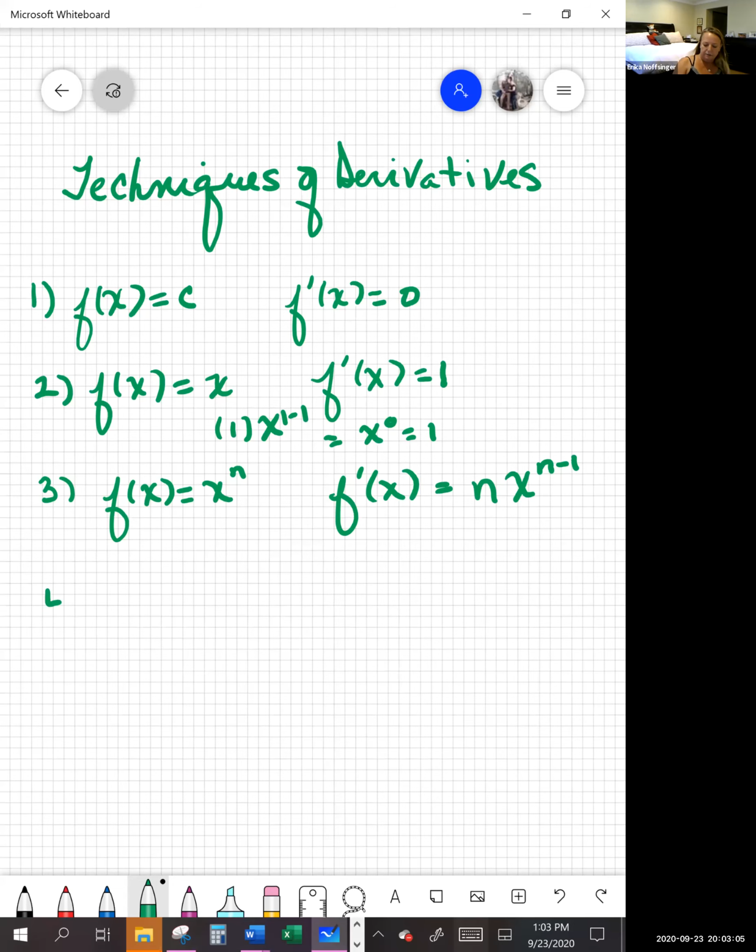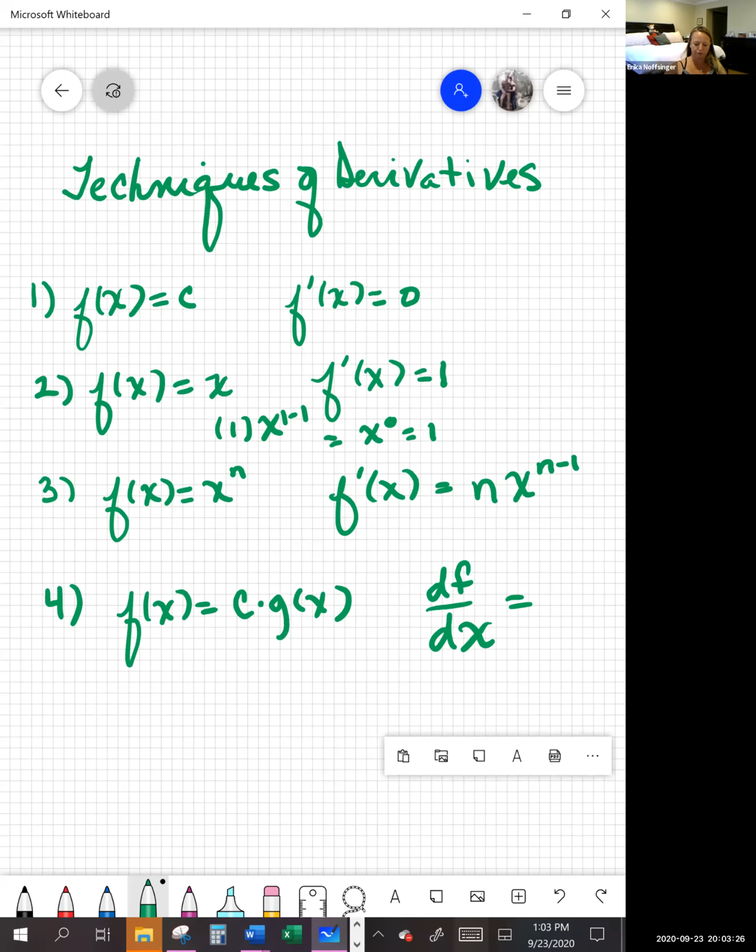So what if you had something where f of x was equal to c times g of x, and instead they say find df dx? How would you express that one? Where c is just a constant. C times the derivative of g of x.